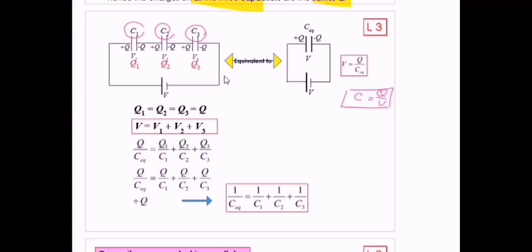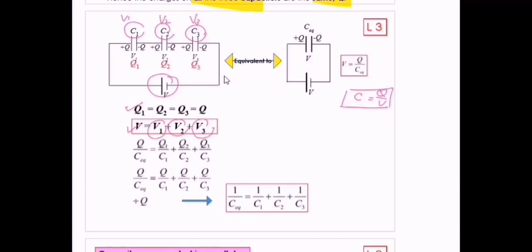So we know Q1 equals Q2 equals Q3 and equals the total charge of the whole circuit. Whereas for the voltage, the total voltage here would be V1 plus V2 plus V3. So to calculate the voltage, we would use V1 plus V2 plus V3.